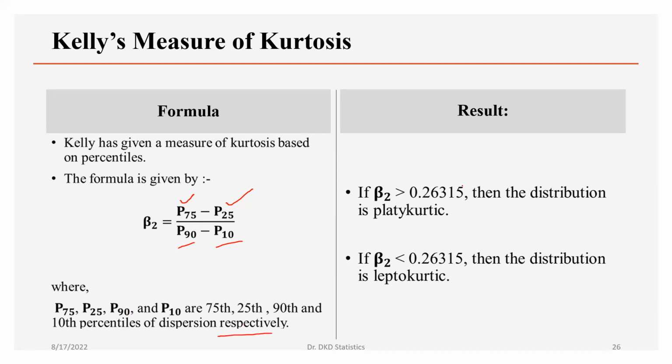How do we interpret the data? If beta 2 is greater than 0.26315, then the distribution is platykurtic. If beta 2 is less than 0.26315, then the distribution is leptokurtic. These are important concepts we need to remember.